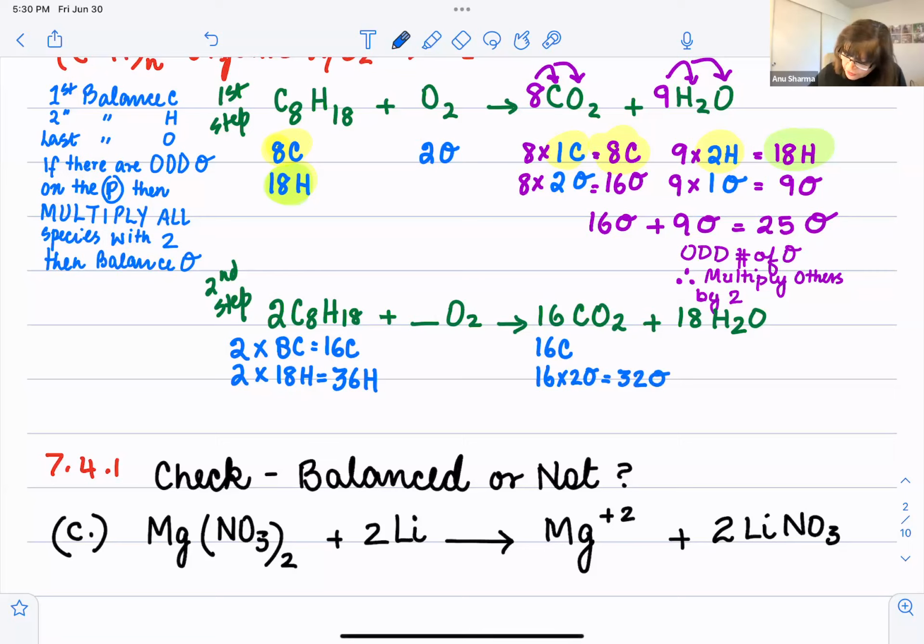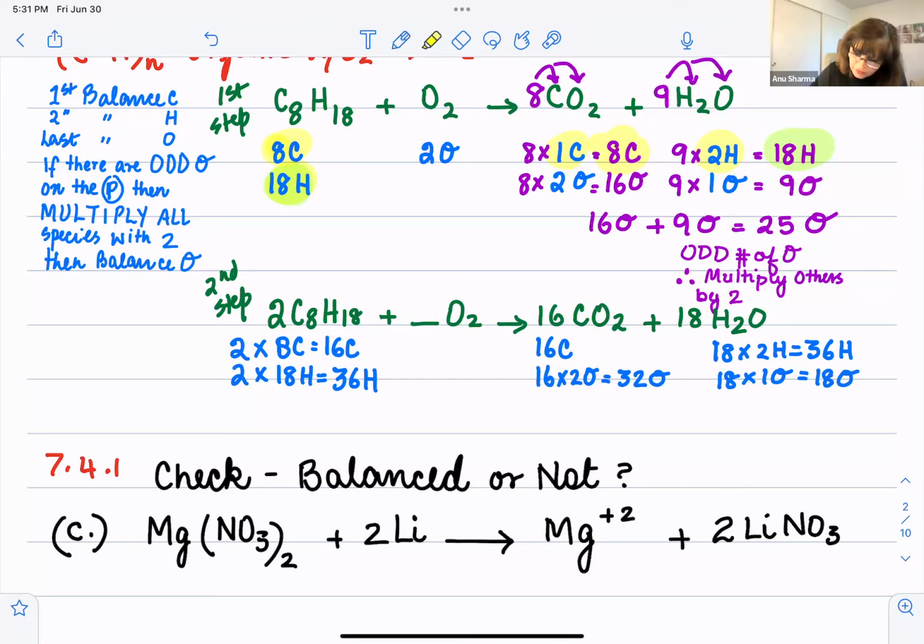And you have 18 times 2 hydrogens, which is 36 hydrogens. And you have 18 times 1 oxygen, which is 18 oxygens.